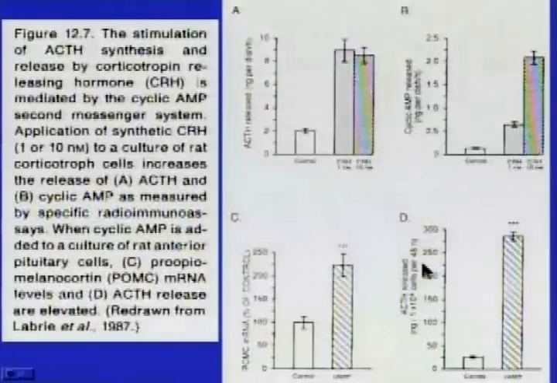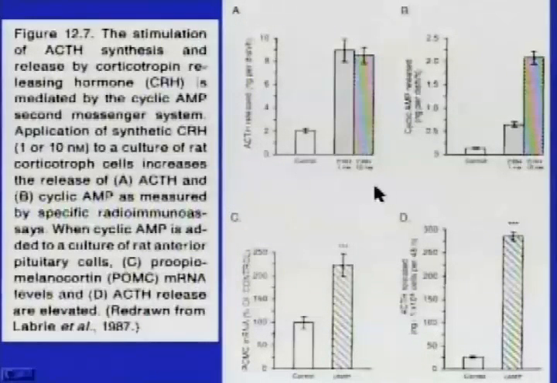So if you had 10 times the number of cells in this well as you had in this well, for example, would it produce the same response? Because you just have more cells to respond to the cyclic AMP. So it is ACTH release, and it is based upon the number of cells that could be contributing that amount.